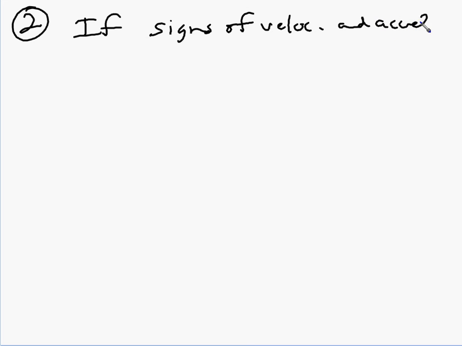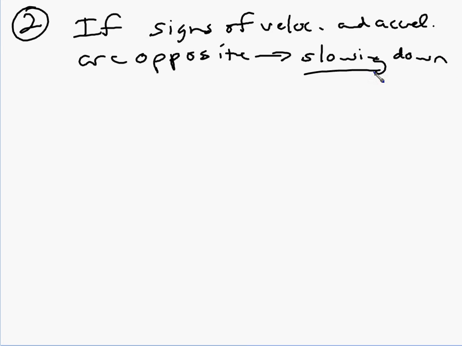That's statement number 1. And I think you know what statement number 2 is going to say. Statement number 2 says, if the signs of velocity and acceleration are opposite, then the particle is slowing down.